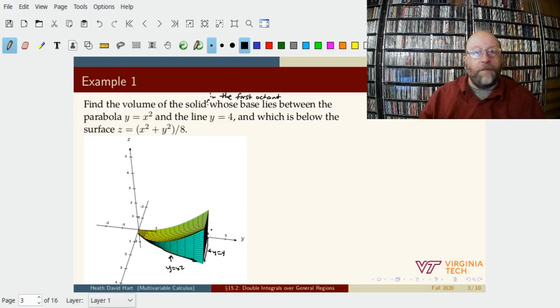And then this surface that's above it, that's z equals x squared plus y squared over 8. Irregular region, there's not an easy way to calculate this using just plain old geometry. But we can calculate the volume using calculus.